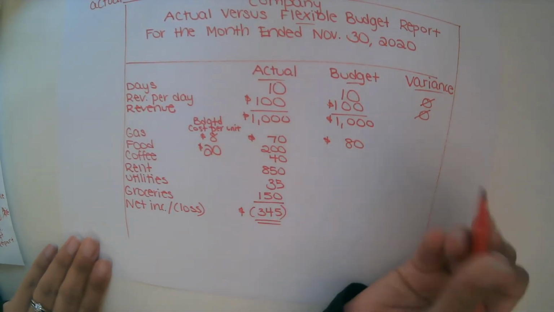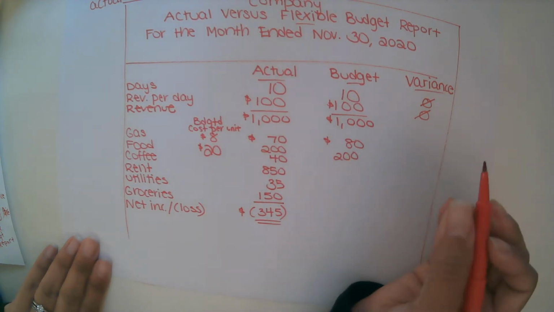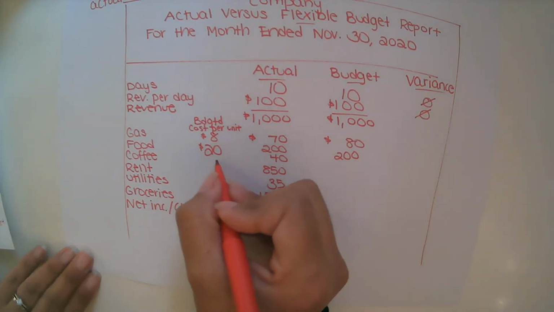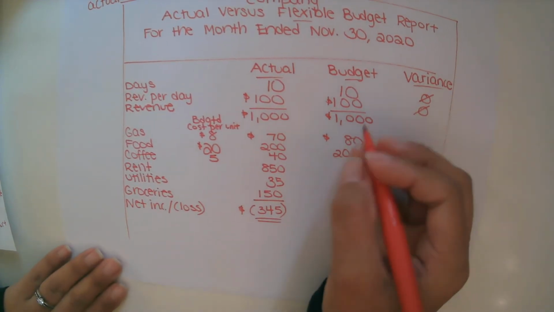Gotta follow my own rules. Coffee, if it hadn't been given, 75 divided by 15 is 5, times 10.